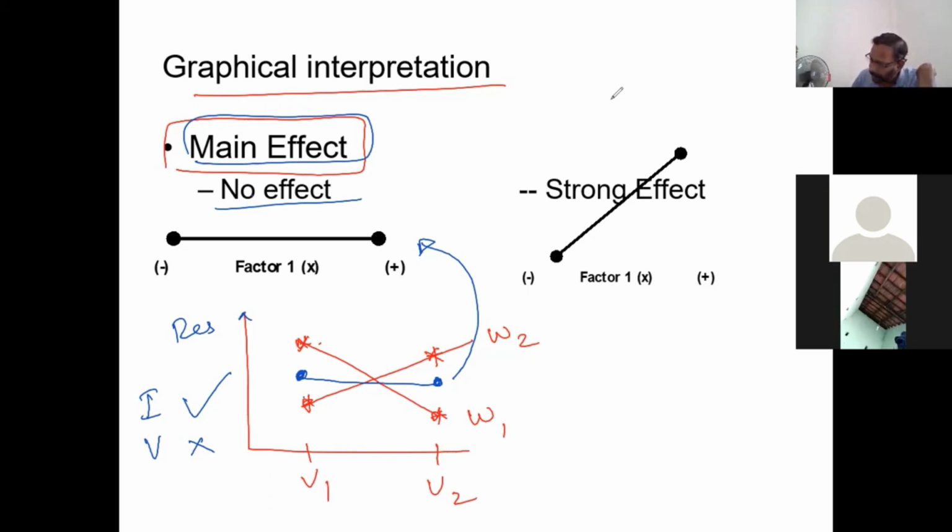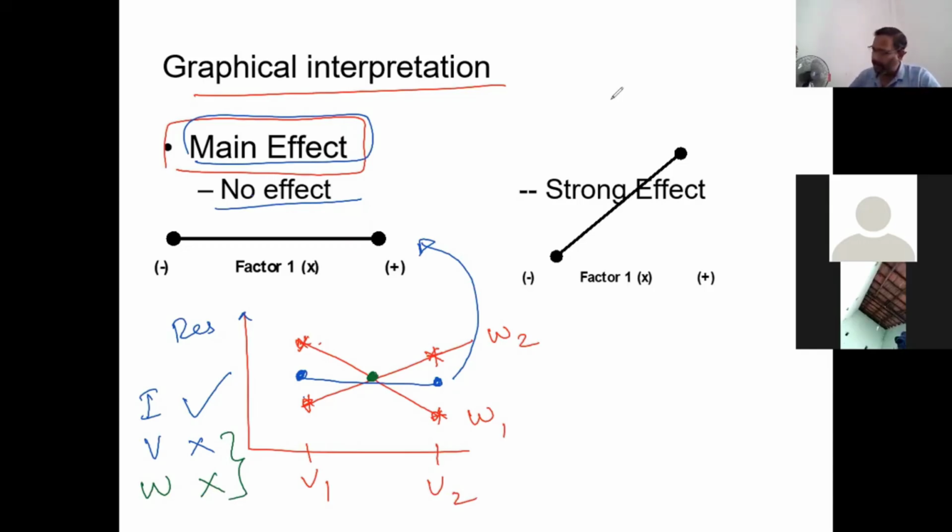What is the average of W1? It is somewhere there. The average of W2, again, it is somewhere there. So the main effect of the other factor is also not present. Actually, this situation we call it as masking, but don't worry about that. So here, no main effects, but there's an interaction.